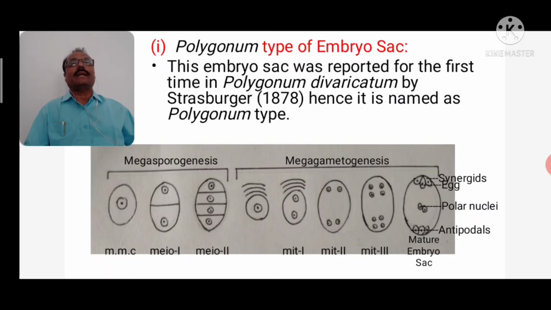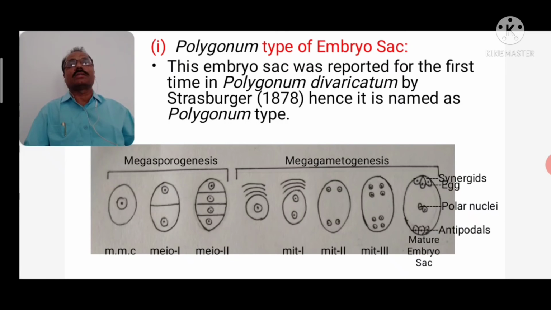Polygonum type of embryo sac. This type of embryo sac develops from the chalazal megaspore. Its nucleus divides thrice to form 8 nuclei.